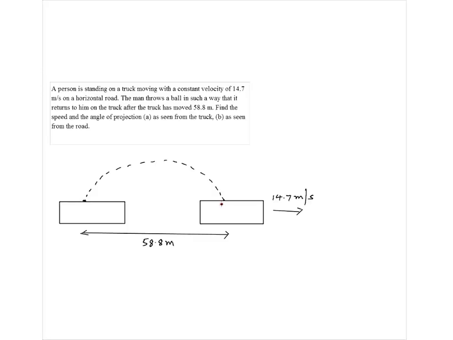So the two velocity components give it a parabolic path like this. And horizontally, at every point, it remains 14.7. Horizontal velocity, how can it change? We neglect air. Who else can change it?